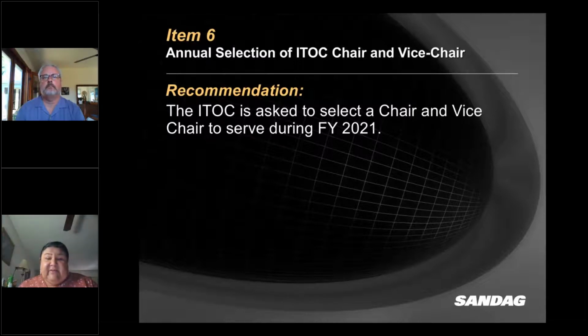These duties become the duties of the vice chair, as is the case now, when the chair is unavailable. So with that, we'd like to ask the ITALC today to appoint a new chair and vice chair for fiscal year 21.